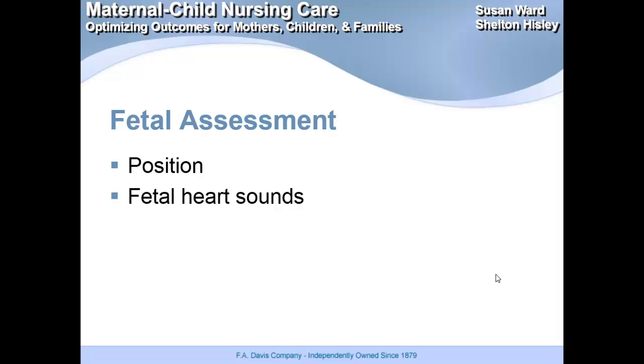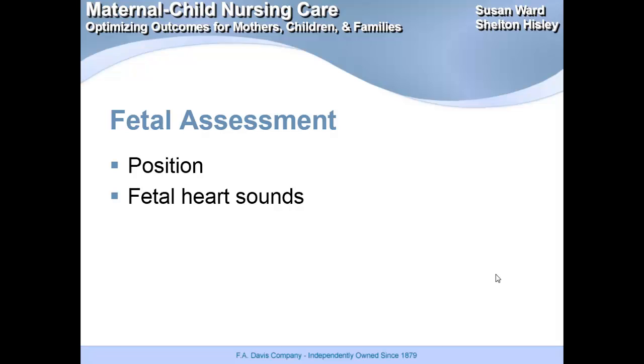So you're going to want to get an assessment of the fetus's heart rate. The fetal heart tones are best heard over the fetal back when the fetus is in that flexed position. You're going to assess for variability, accelerations, and decelerations.